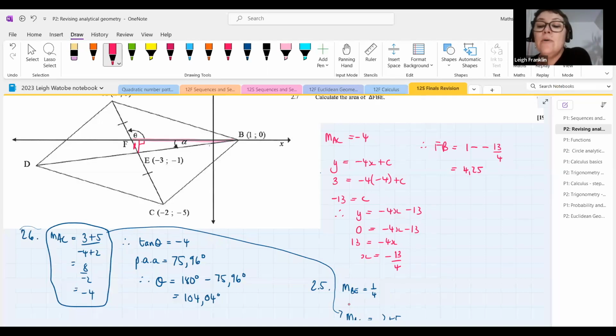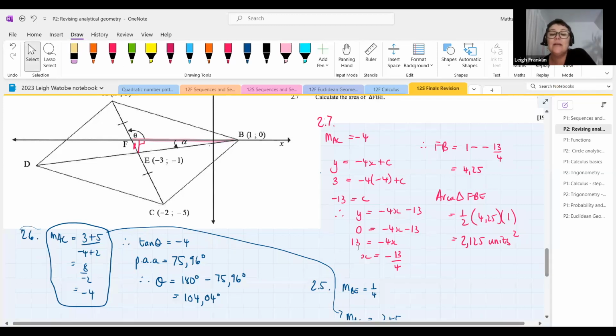All right, so now the area of triangle FBE is equal to half base 4,25 times perpendicular height. Okay, so there we go. That's it. So it's 2,125 units squared. Okay, so this was question 2.7. Oopsie, we've really gone quite a lot over this evening. Does that make sense?